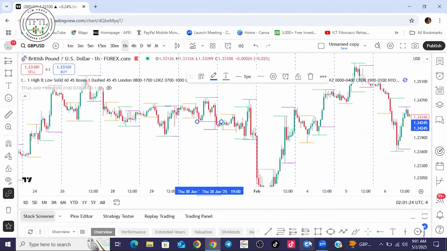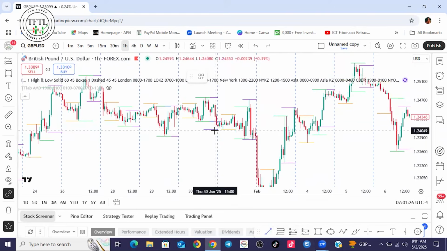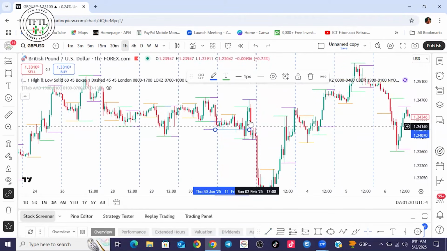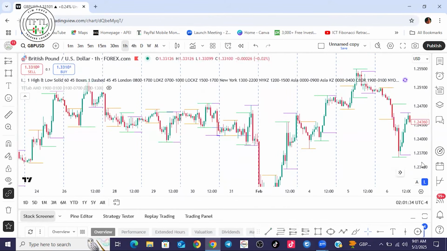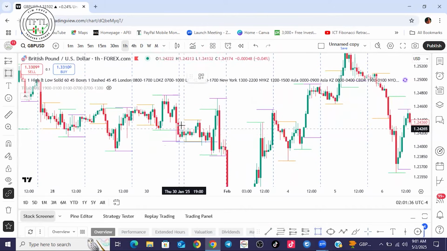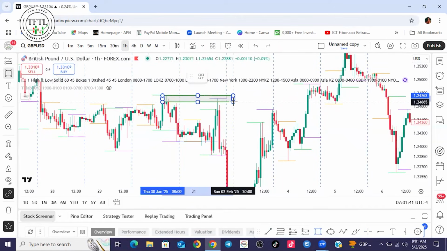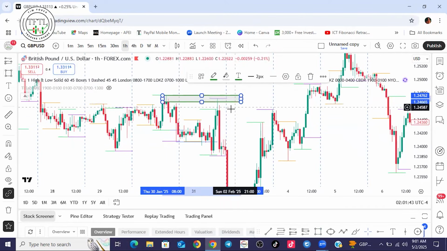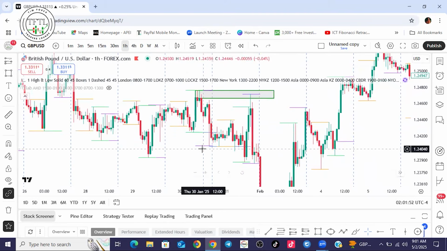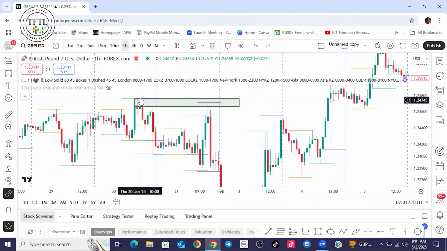Even looking at the low of the day itself, this is where we have the BOS. And look at where the price is pushing up to. What do we have at this particular point? This is a rejection block. The price doesn't push above the wick of this, but it pushes slightly above the body of this pin bar.